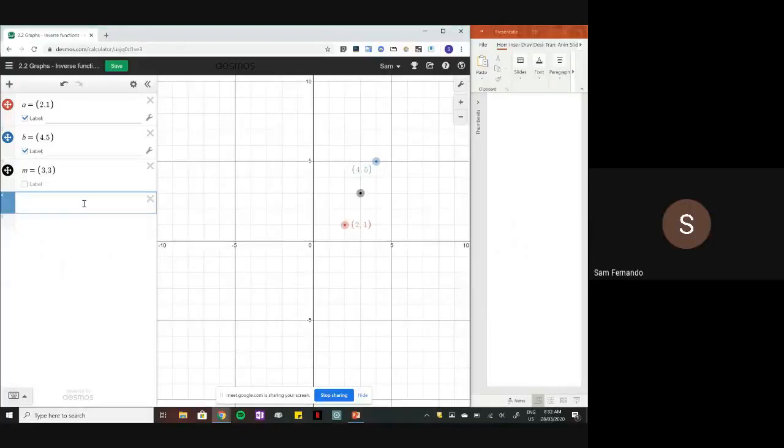So the radius squared is just going to be 1 squared plus the x distance plus the y distance. So x distance squared plus the y distance squared equals the diagonal distance squared. So that's going to be the radius.